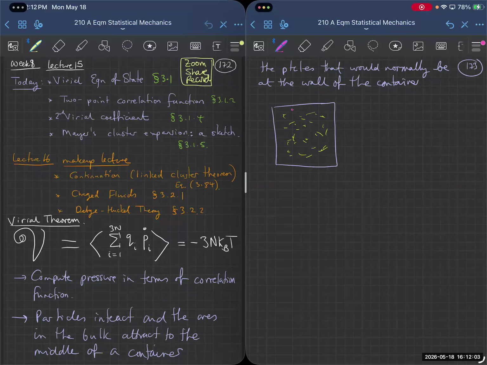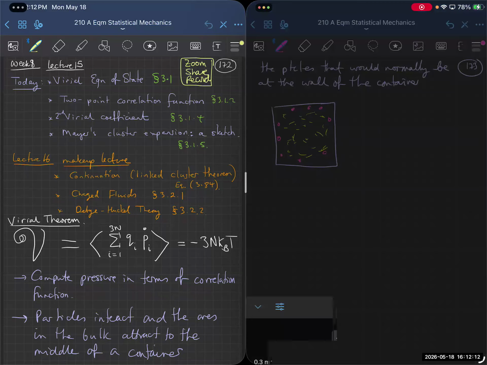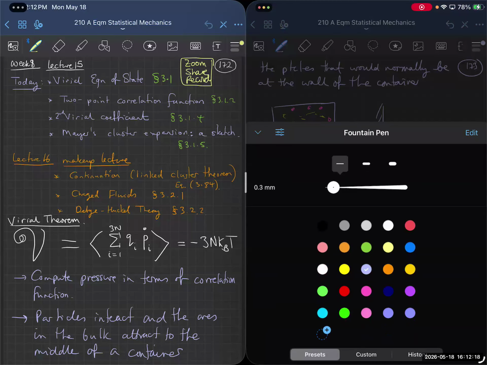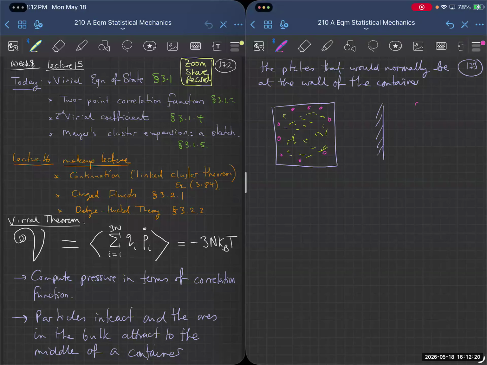But now let's suppose I color the particles near the wall in purple. If I were to amplify what I see near the wall, here is the wall, and this particle here would be coming in, bouncing off the wall and going back in the other direction.